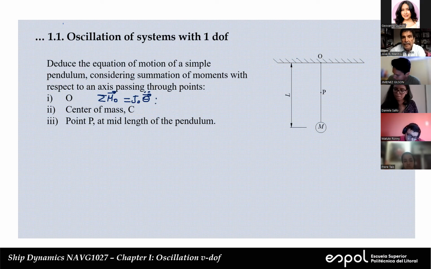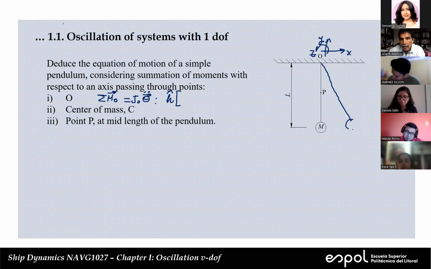If we say that this is X, this is Y, and this is Z, this is K, all vectors will be in the K direction. So we say this is the positive direction. And in here, we have this force, mg, and another force here, fx, fy.